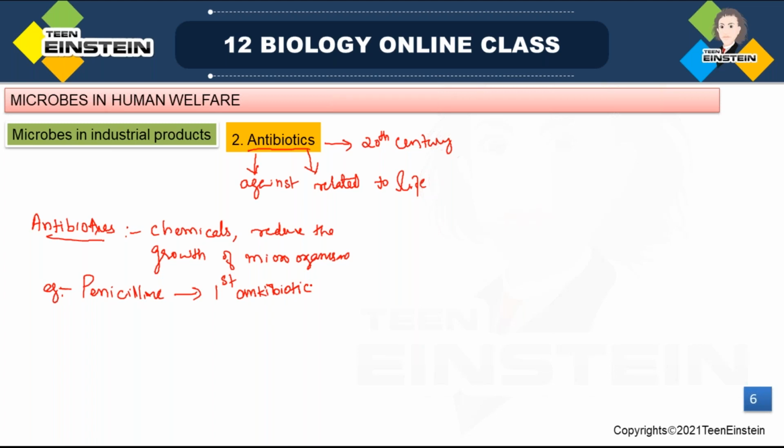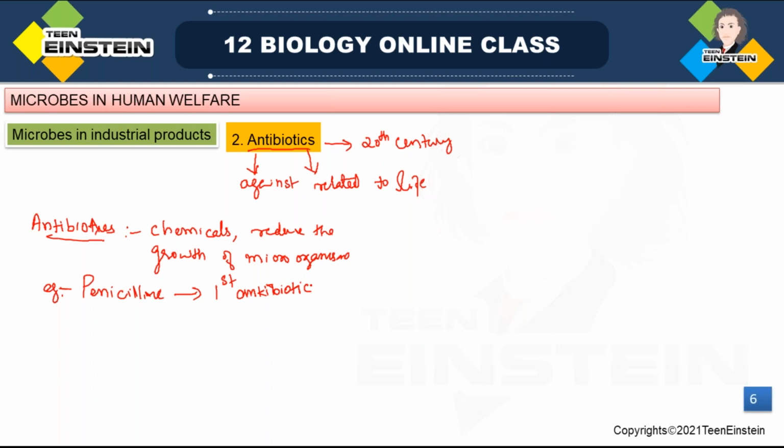And who discovered penicillin? Alexander Fleming. The discovery of penicillin was accidental actually. Alexander Fleming accidentally discovered this antibiotic penicillin.